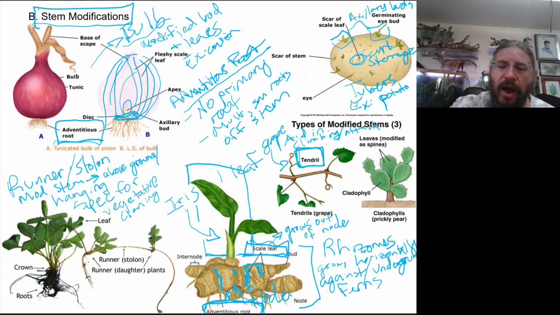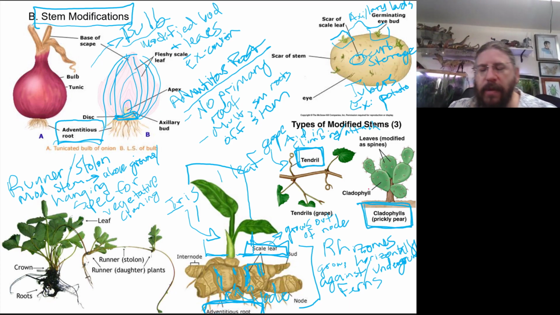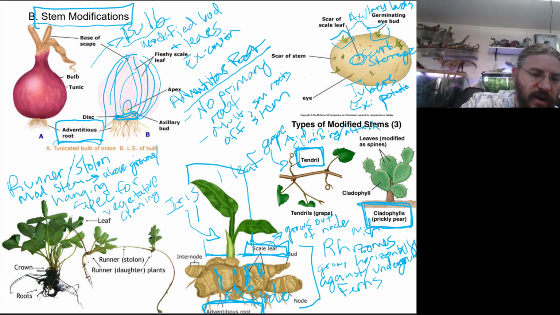And then last up are cladophylls. You remember how I told you about how cactuses, what looks like their leaves are actually wide, flattened stems, right? That's what a cladophyll is. So, wide, flattened stem. Well, I do not have enough space to write there anywhere. Cladophyll.